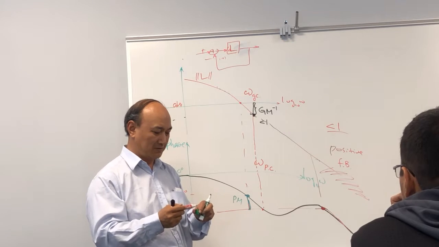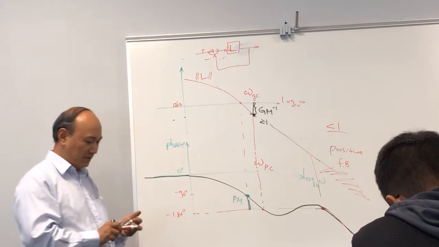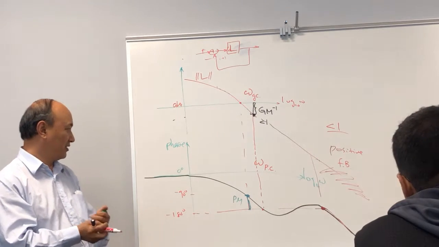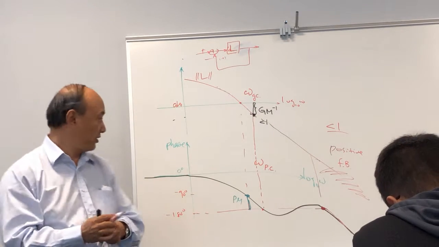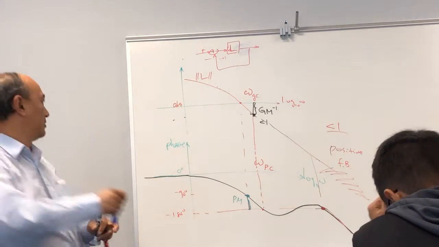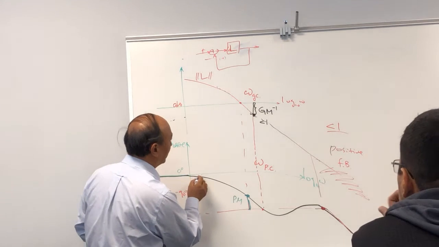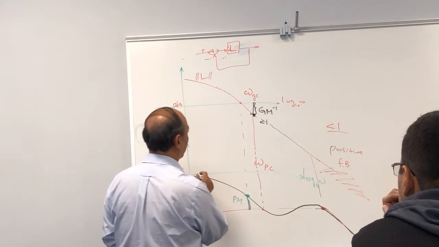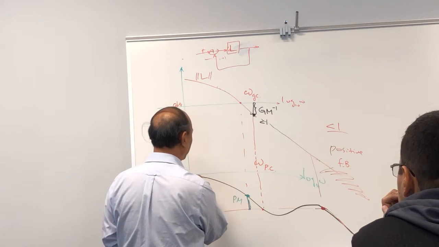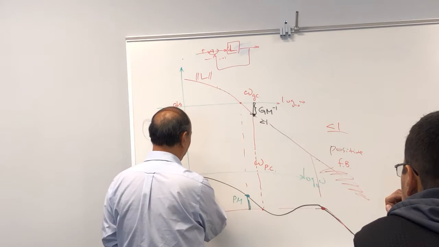Okay? So make sense? However, I'm drawing another ugly system. That system is an unstable case. This system is something like this. So somehow I do this.